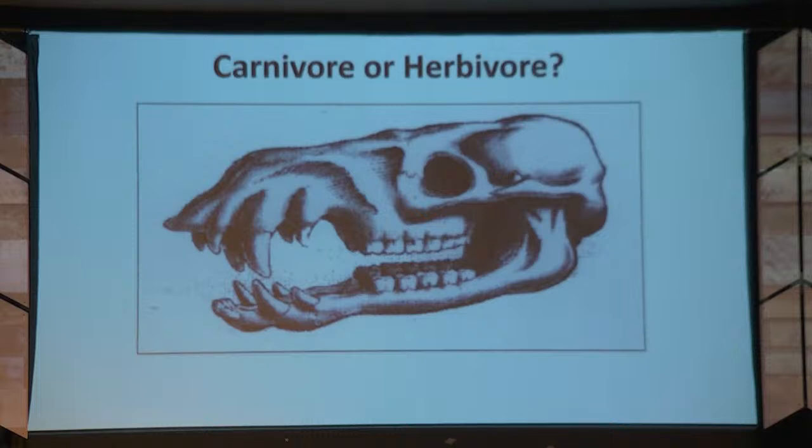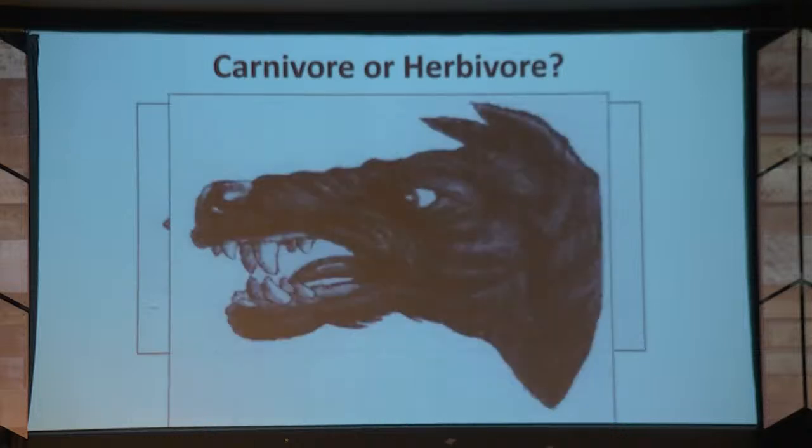Okay, now what if I said that scientists took that skull and did a reconstruction of what the thing would have actually looked like with skin and muscle and everything on it, and this is what it looked like. Now, if you want to change your vote, you herbivore people, are you going to raise your hands and say, yeah, that's probably a meat eater? Anybody? Okay, you can put your hands down now.